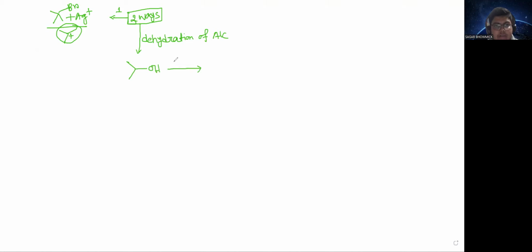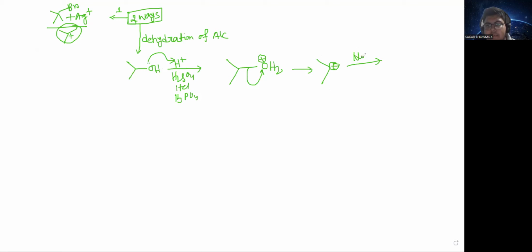If you are giving an H plus source, for example from H2SO4, HCl, H3PO4, etc., the oxygen here is the nucleophile and H plus is the electrophile, then it will attack. We will get OH2 plus, and very simply water will leave and we will get this positive charge. If a nucleophile is given, the nucleophile will attack there.